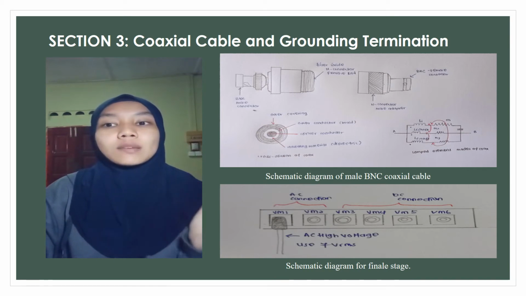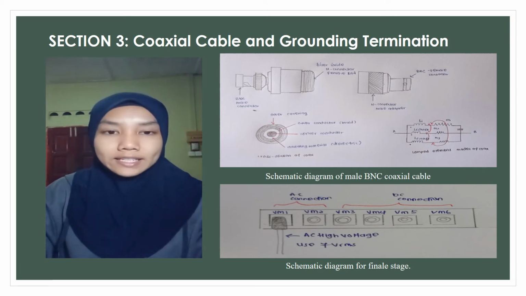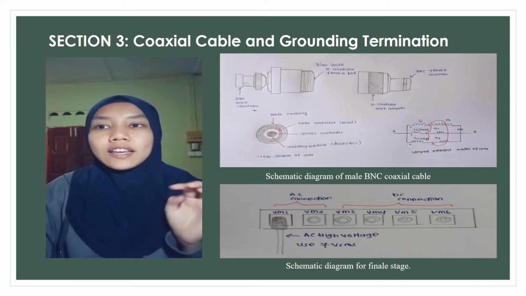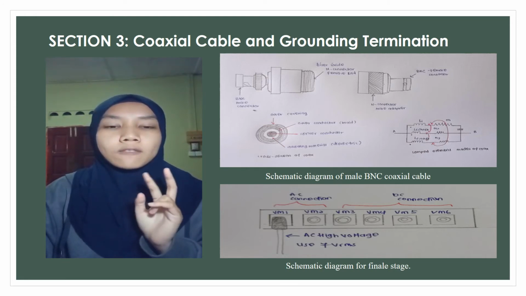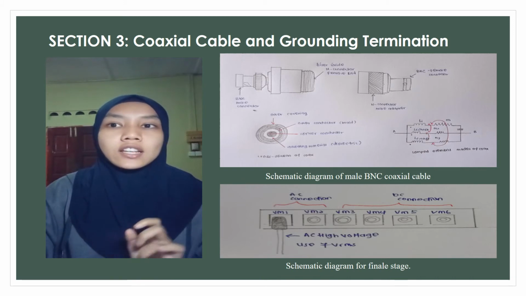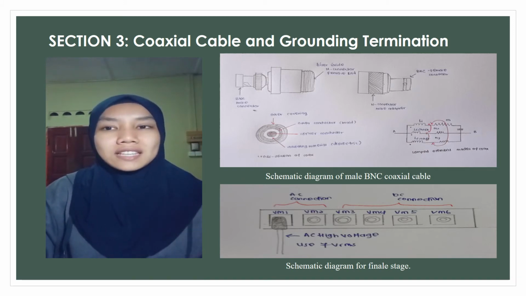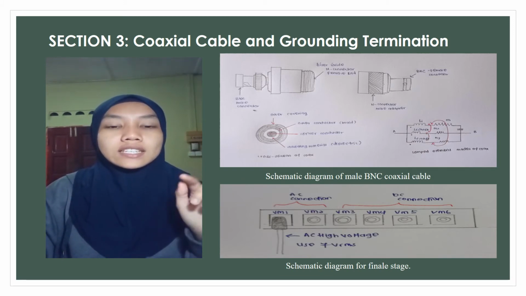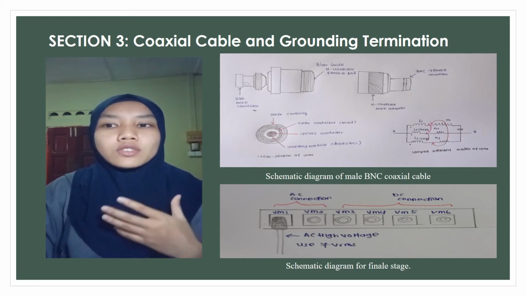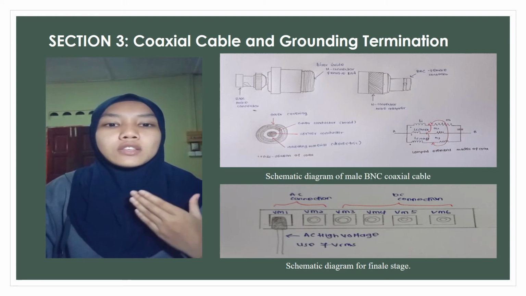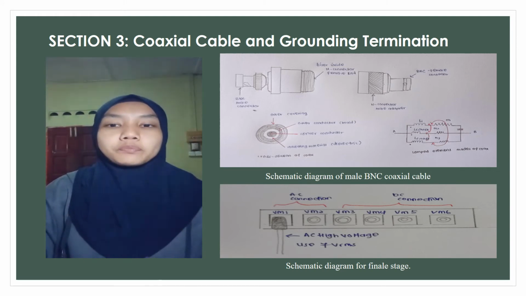Next, this is the schematic diagram for the final stage. They have 6 connectors, which are VM1 and VM2 for AC connection, while VM3 until VM6 are for DC connection. In this lab we use an AC high voltage of 7 RMS.